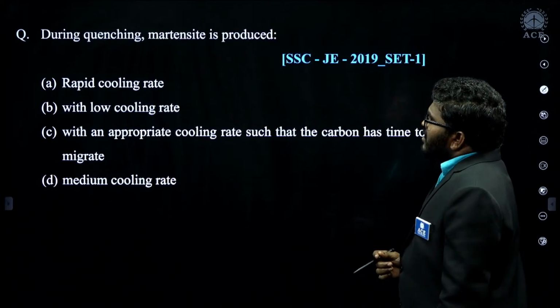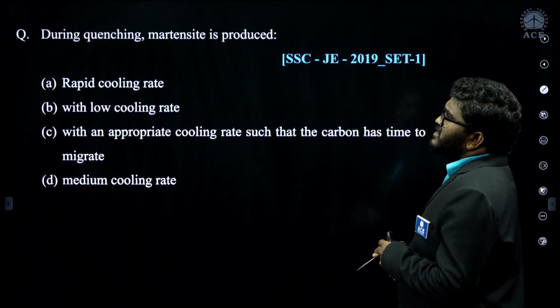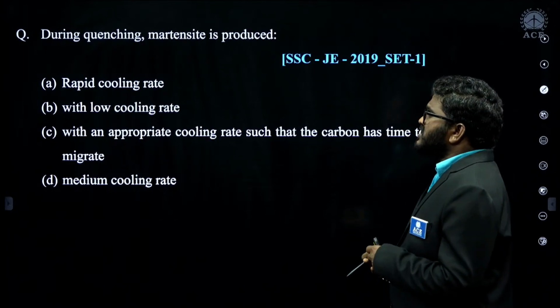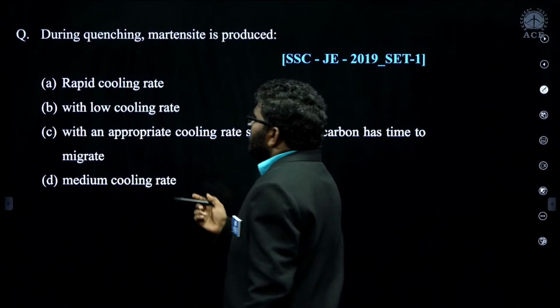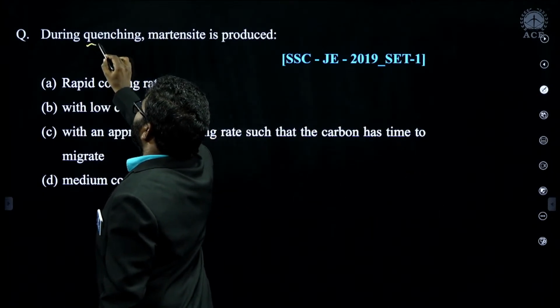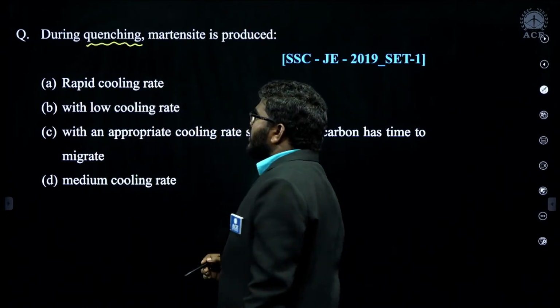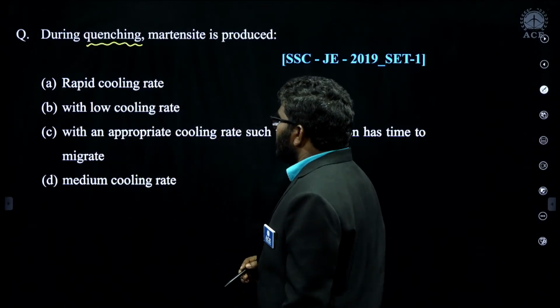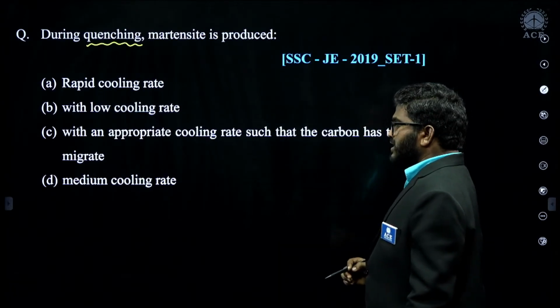Right. Now, during quenching, martensite is produced. Yes, by quenching the material, we will get martensite. Now, what type of cooling are we doing? Options: rapid cooling rate, low cooling rate, or a medium cooling rate such that the carbon has time to migrate.